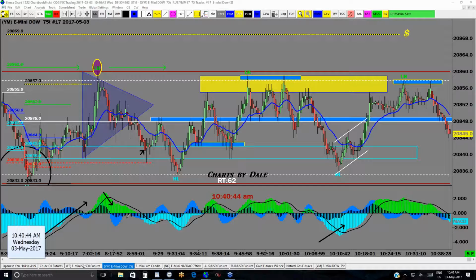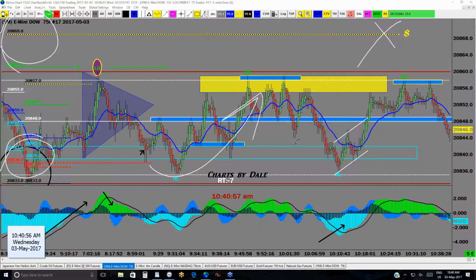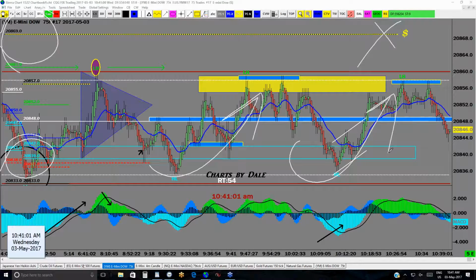So although this here 869 did not get reached at this time, our support held pretty good at 838, and you're able to take some money off of both of those upward trades. MACD has turned to the downside here, so you have to cover.